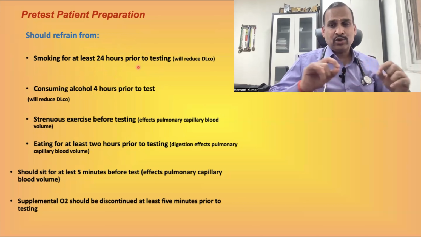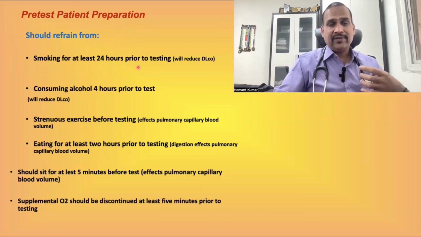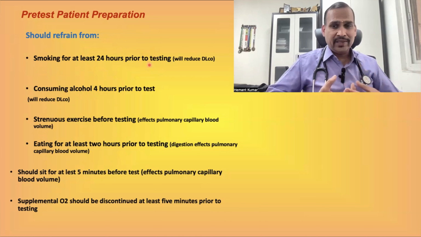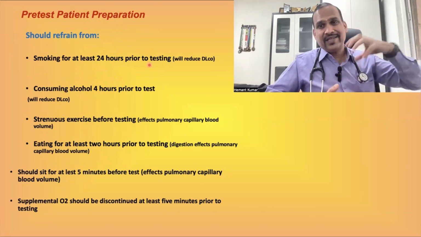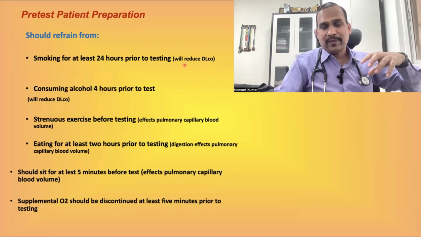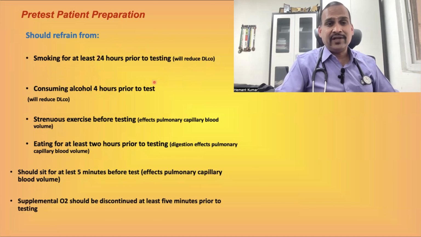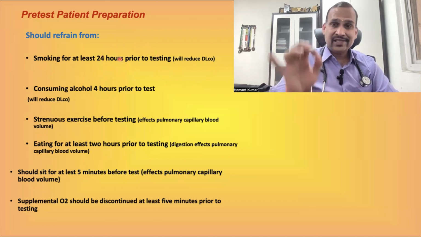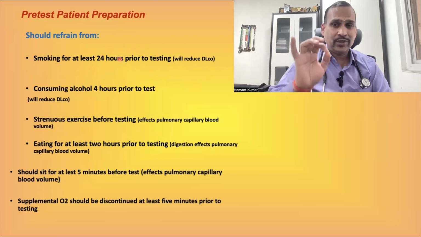Normally there is no carbon monoxide in our blood, but patients who smoke will have carbon monoxide in their blood, and it will create a pressure gradient, back pressure. So it will reduce DLCO. But it is very difficult for patients to quit 24 hours before. At least 6 hours prior, the patient has to quit for a good result.